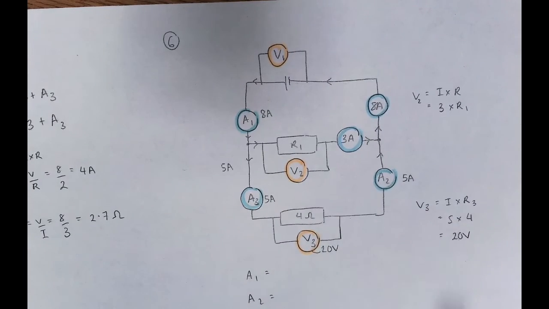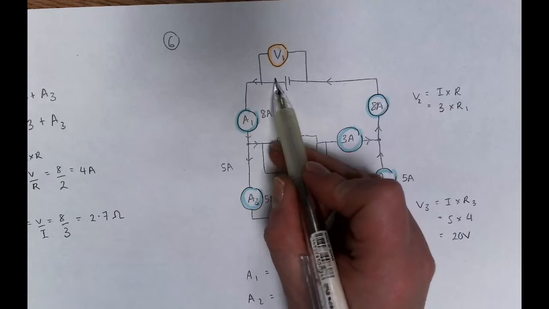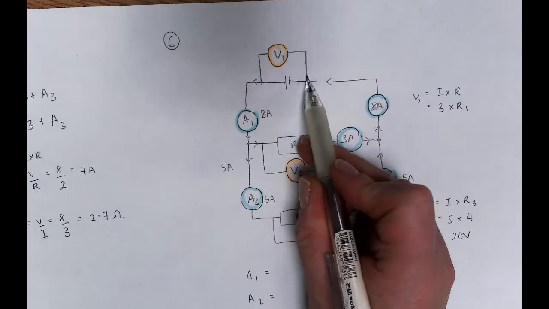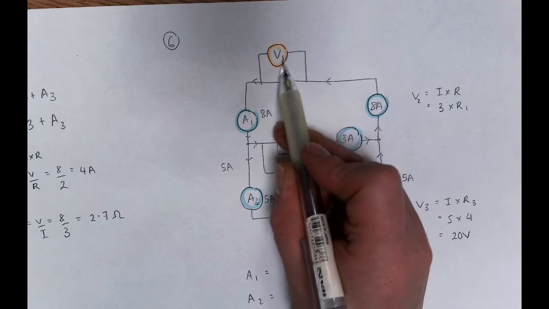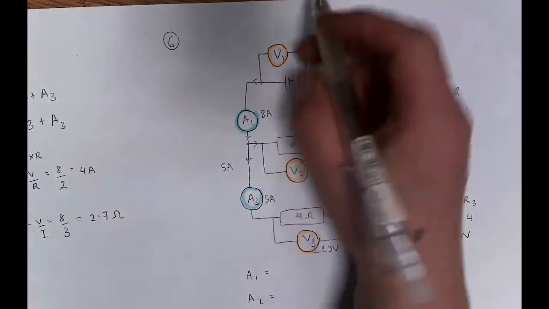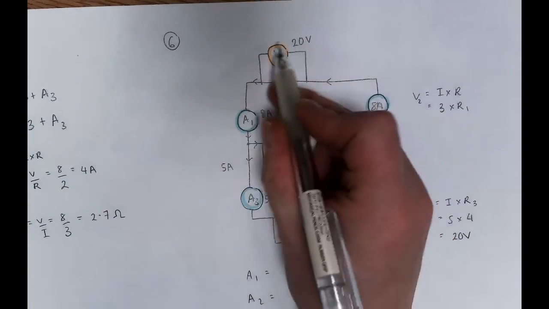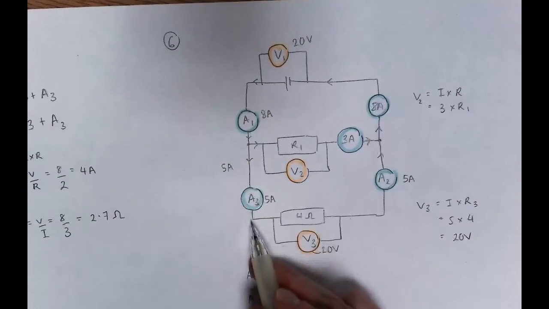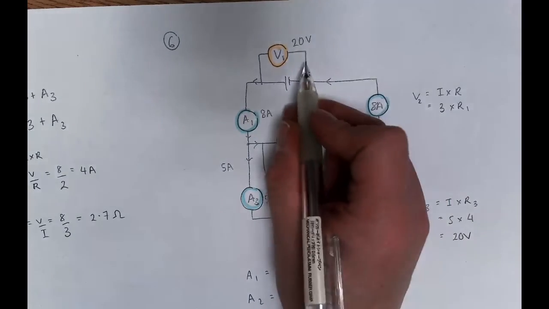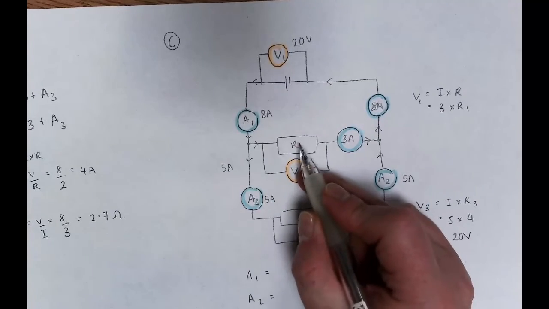So I know that I've dropped 20 volts across this component because 5 amps flowing through a resistor of 4 gives me 20 volts. I also know from my law that whatever I pick up on the supply, I drop on my loop that I take. So if I've gained 20, I drop 20. So I know then that this must also be 20 volts because it has to pick up 20 to then transfer 20. And again, on this pathway, the only component that I'm going through is this resistor.